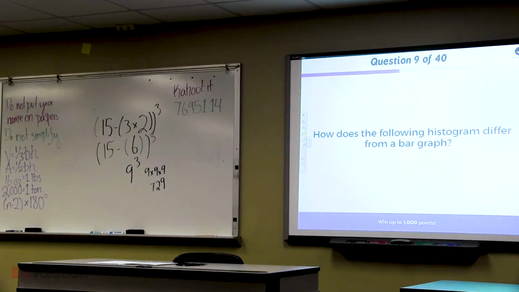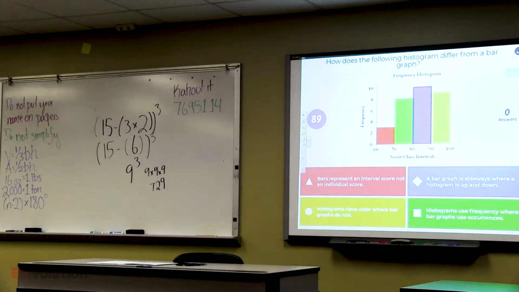How does the following histogram differ from a bar graph?